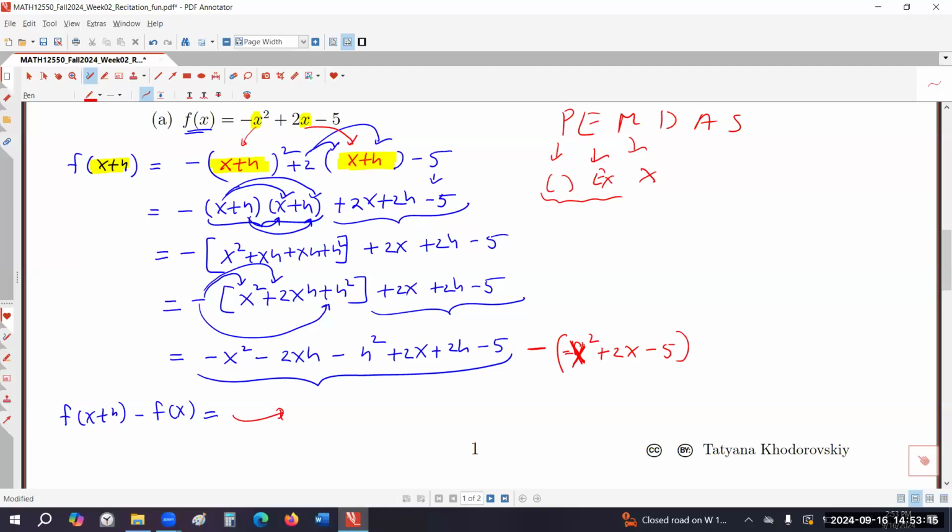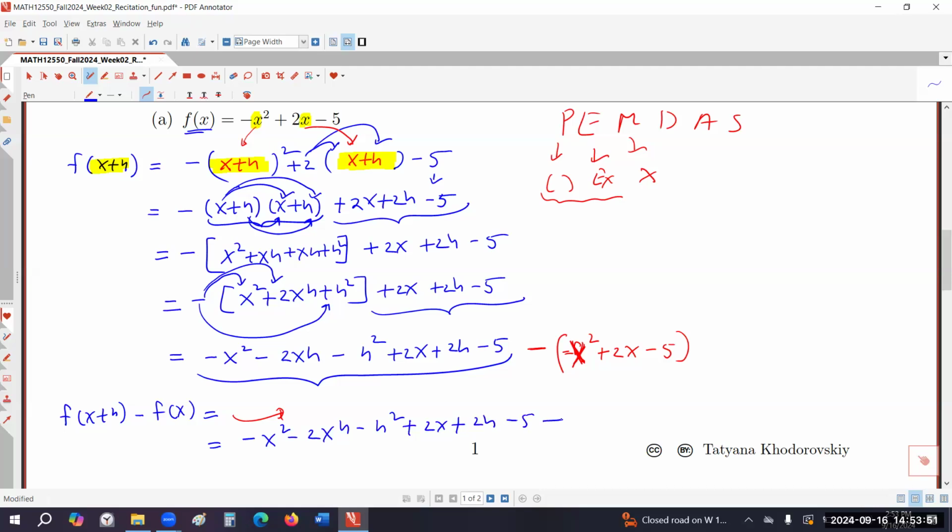Okay, so as I was saying, I'm too lazy to write the whole thing down. So this is f of x plus h, and we are subtracting the original function. But when you subtract, what happens to the signs? They change, right? That means now I'm going to write all the things. Negative x squared minus 2xh minus h squared plus 2x plus 3h minus 5.